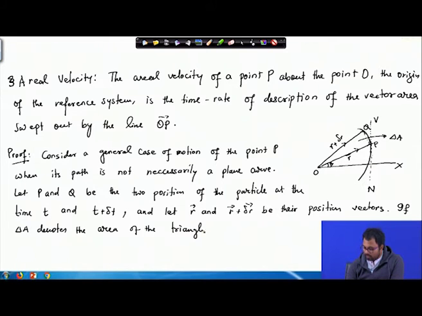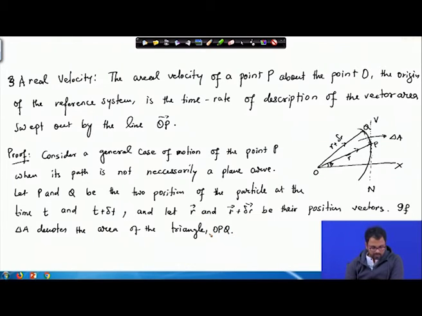Since delta r is a very small arbitrary increment, OPQ is forming a triangle. PQ is not actually a curve, it is considered as a line, because the increment is very small in a very small increment of time. So delta t and delta r are considered very small quantities. So delta A is the area of the triangle OPQ.